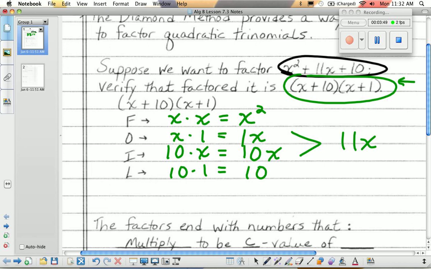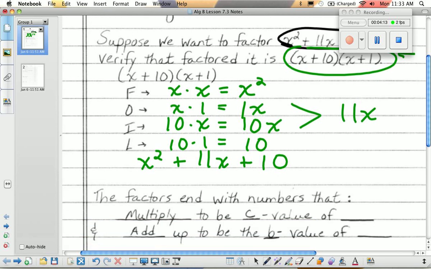So now there are our products from our multiplications. Bring them together in an addition problem. It does take us back to the polynomial that we started with. When we multiply those factors times each other, we get the trinomial that was renamed for us in factored form.